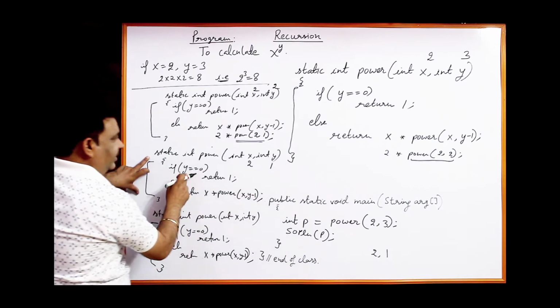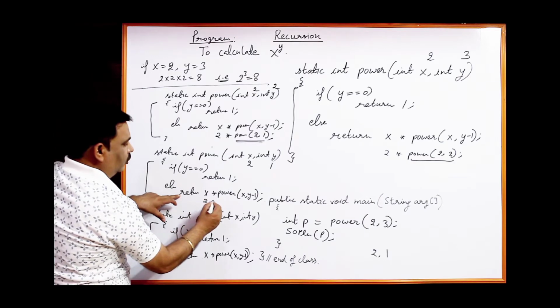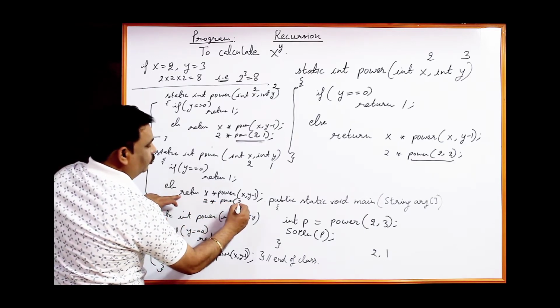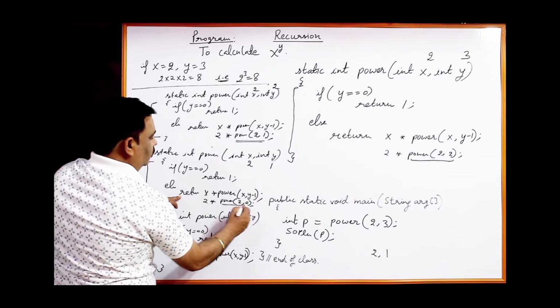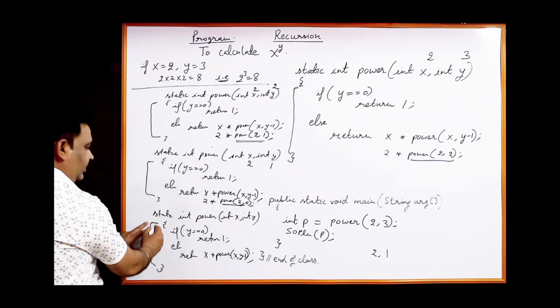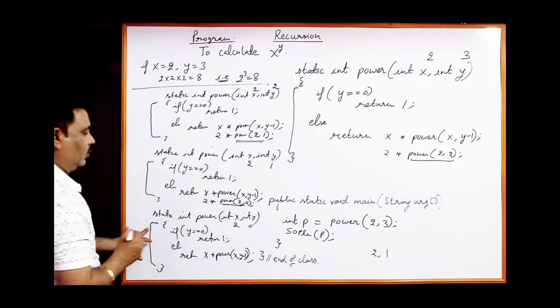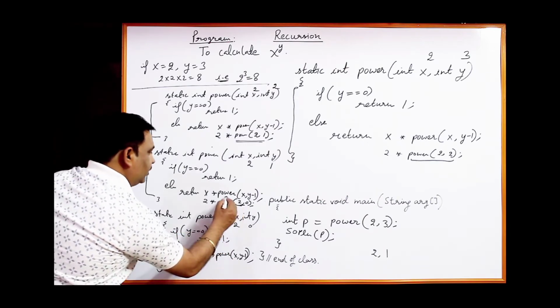Again the condition is false, else will execute: 2 multiplied by the function call passing 2 comma 1 minus 1, now 0. So this is the last function call, where x will be 2 but y will be 0. When y is 0, it will return 1 to the function that called it.